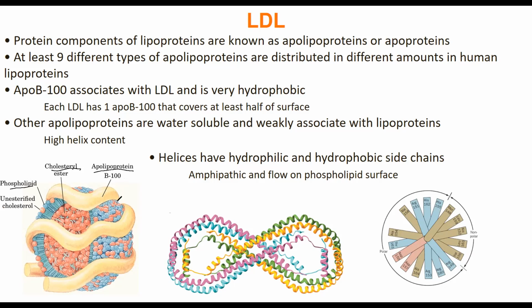This molecule, as you would expect, is extremely hydrophobic, and it's shown over here what the amino acid makeup of ApoB100 is. So it has nonpolar residues that are going to interact with the actual lipid and cholesterol portion of your molecule. And then it has a polar portion, which will interact with the water.